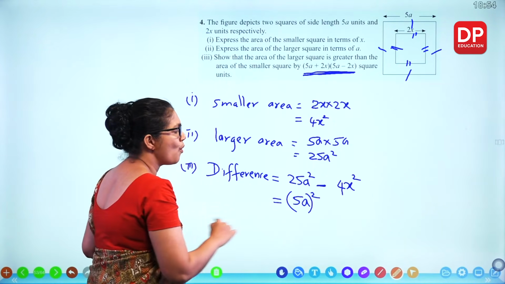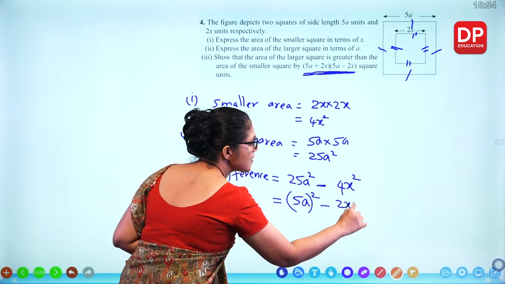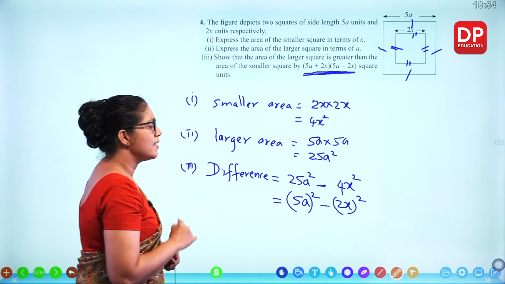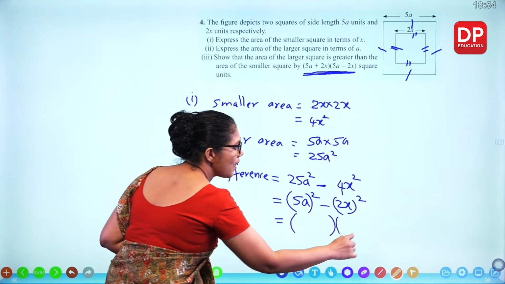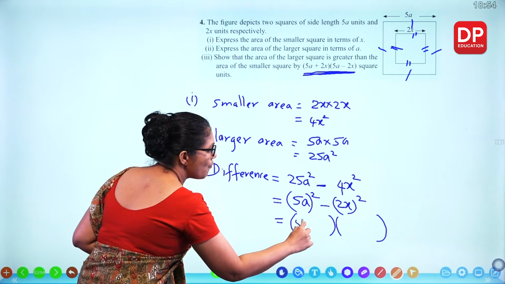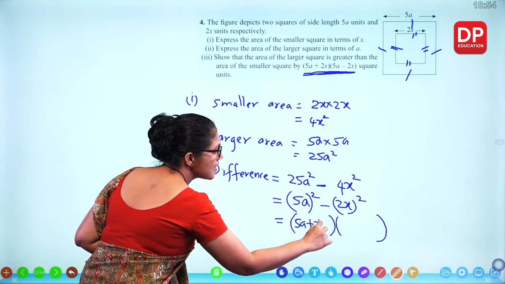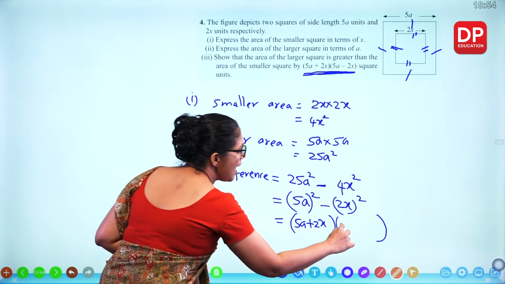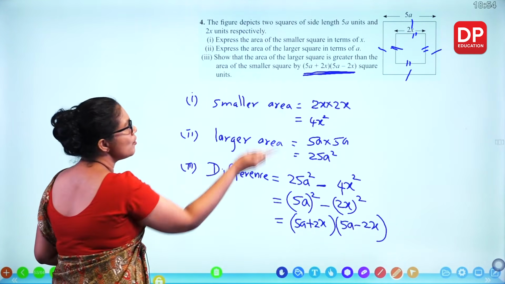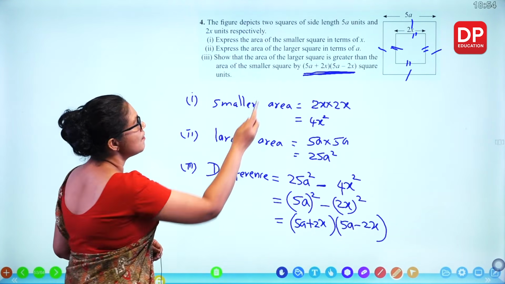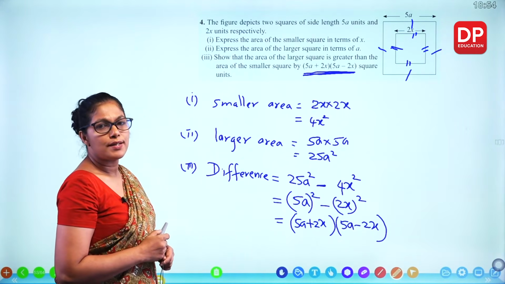What about 4? I can write 2x whole thing squared. So here I can apply the difference between two square terms, 5a plus 2x as first term and 5a minus 2x as the second term. Now look at the given answer. We got the same one.